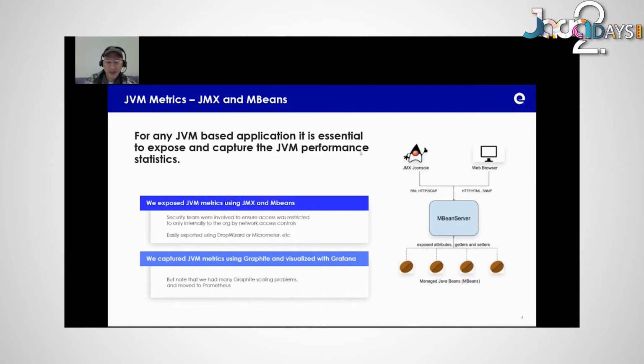Graphite is push. With push, the JVM actually makes a request to Graphite with the data. Prometheus is pull in that it actually connects to the JVM on the standard port, and pulls the metrics in at its own pace. There's pros and cons to push and pull, but the industry as a whole is moving towards pull, and Prometheus.